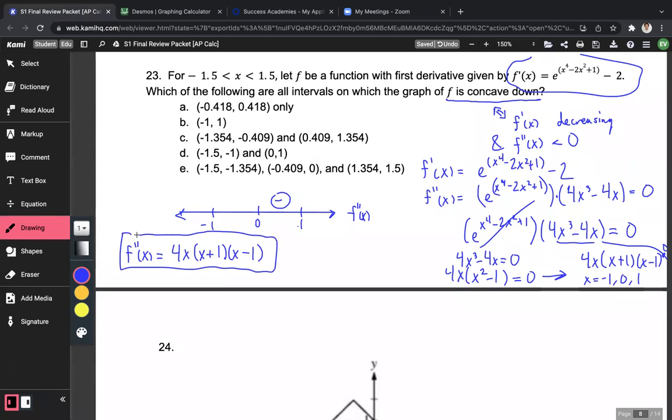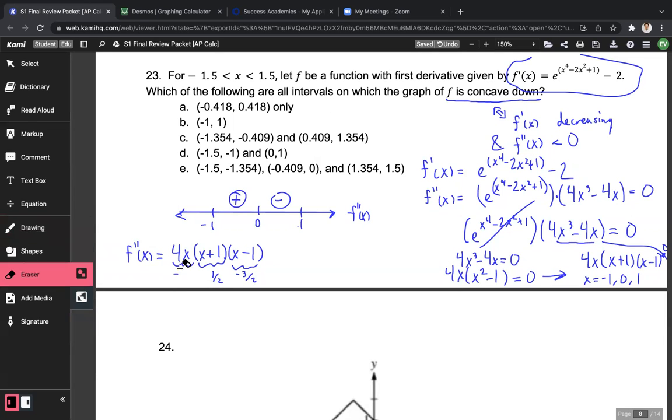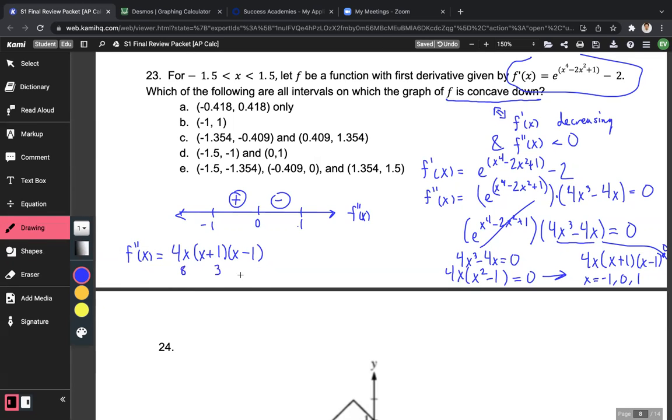If I plug in -1/2 for x, nope, that's going to give me a positive value here: 1/2, -3/2, -2, a negative and a negative. It's going to obliterate, so it's going to be positive on that interval. If I choose something greater than 1, let's say 2, everything is going to be positive. I'll have 8, 3, and 1, positive there.